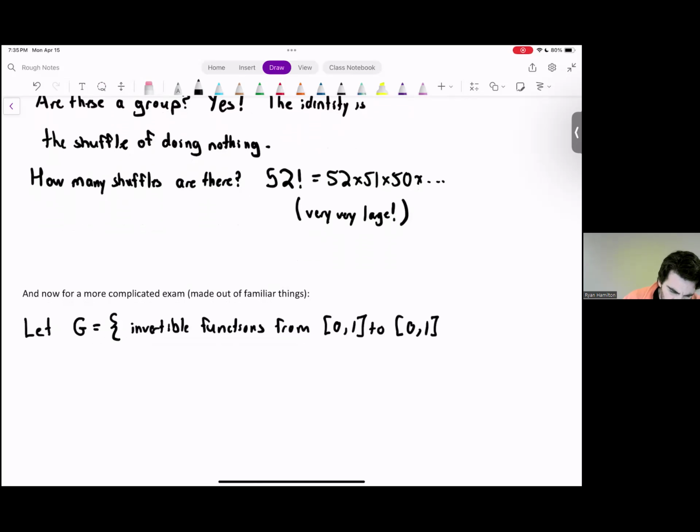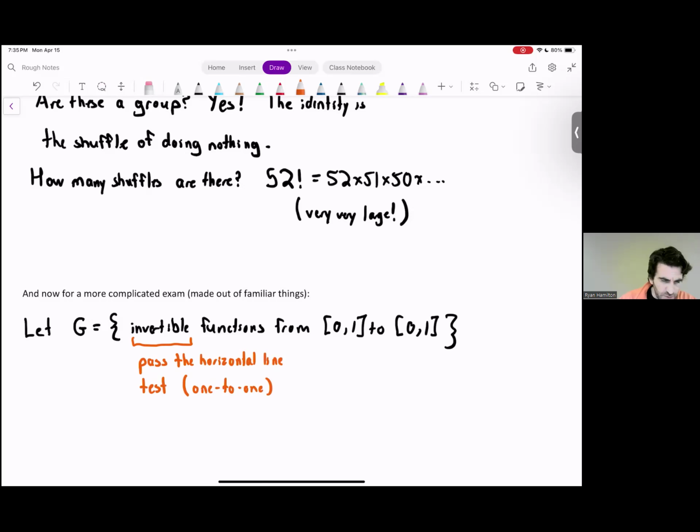So this is the closed interval 0, 1, all of the real numbers between 0 and 1 inclusive. And I'm going to take all possible functions from 0, 1 to itself. And those functions need to be invertible. What I mean by invertible is, if you'd like, they pass the horizontal line test. You might have seen the expression 1 to 1 to describe such a thing.